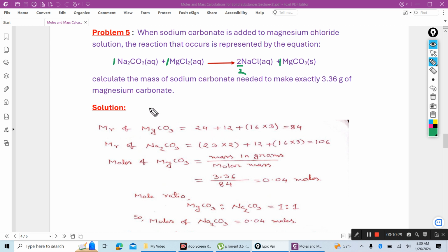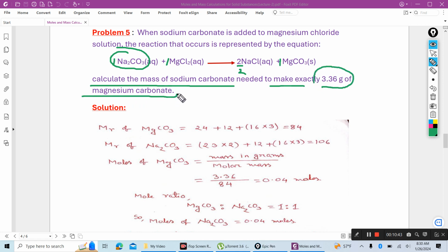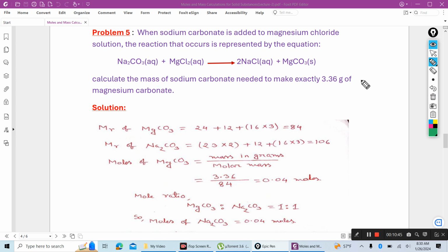Now the question is asking you to calculate the mass of sodium carbonate needed to make exactly 3.36 gram of magnesium carbonate. 3.36 gram is given.